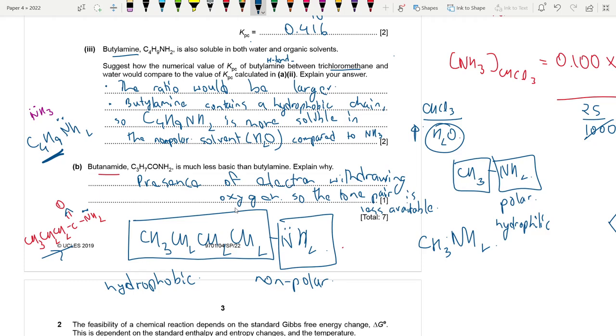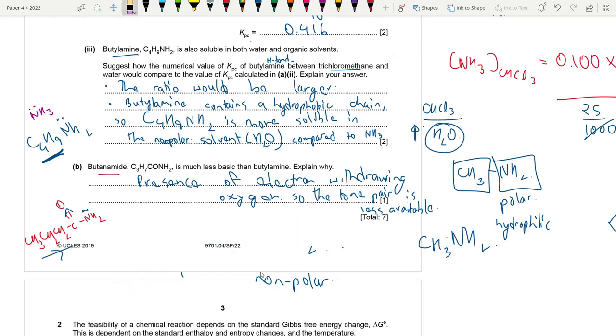Or you could answer it in this way, since they're asking us why this is less basic. So butanamide, right? It has an electron withdrawing oxygen or a carbonyl group, right? So the presence of the electron withdrawing oxygen means that the lone pair is not available to accept a proton, or the lone pair is less available.